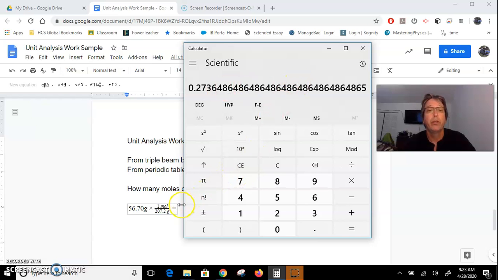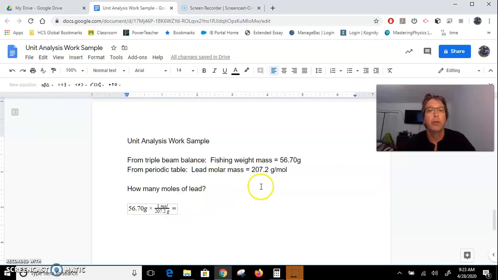So 0.2736, I'll put my cursor back over here and type 0.2736. And of course, we'll notice that the grams on top and grams on bottom cancel out. So our units are moles. And we look up: the question was about moles. So we're on the right track. That's probably the right answer.